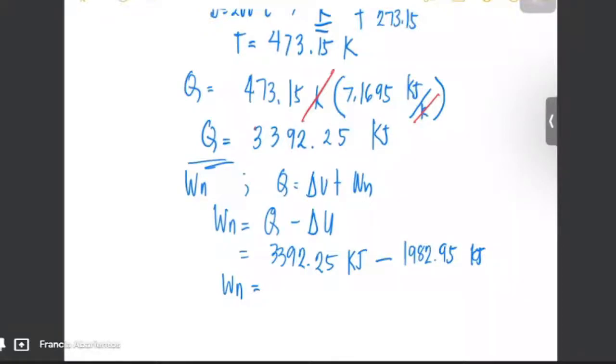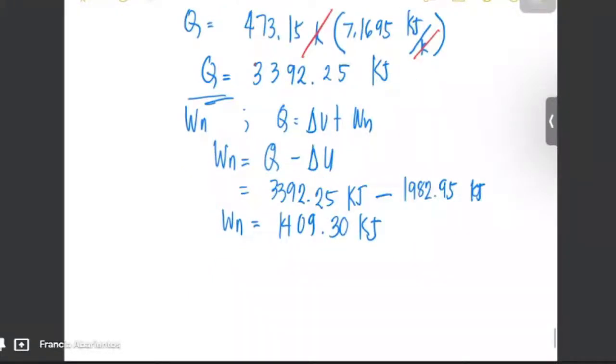Minus 1982.95. Okay? So we have 1409.3 kilojoule. Okay? So meron ka na sa letter B pag non-flow.